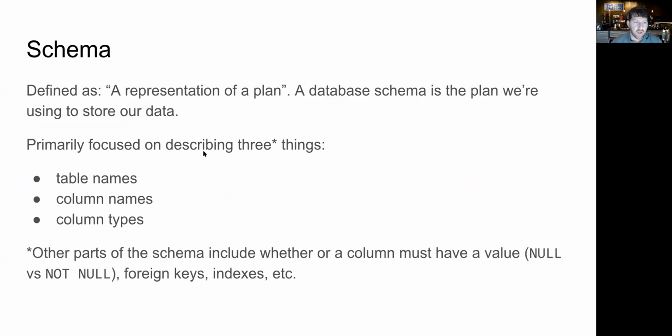Now we have a schema. A schema is essentially the entire plan or blueprint of how the database should look: how you're going to store the data, how many tables you're going to have, the names of the tables, how many columns each table is going to have, the headers of each table, and the different types of data that should be stored in each unique column.